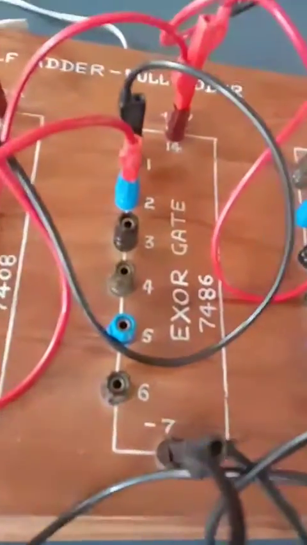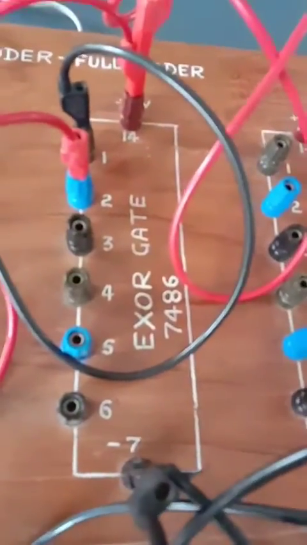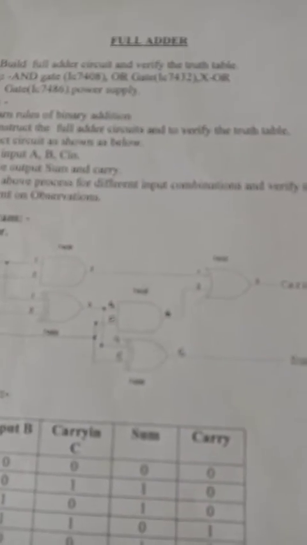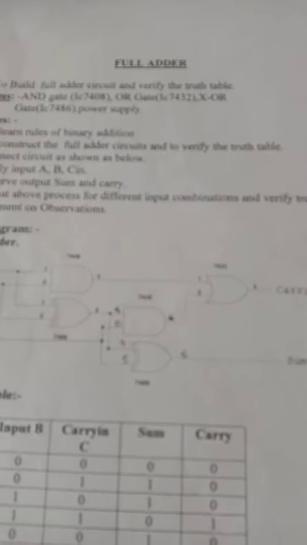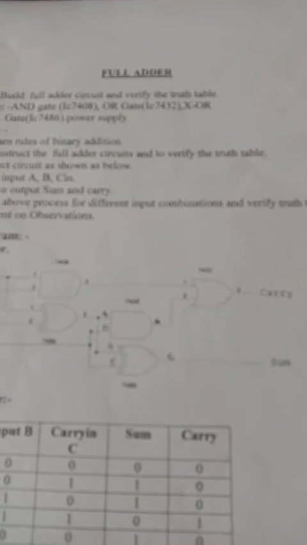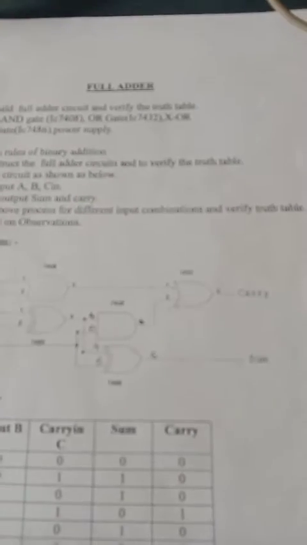Then we have to short pin number 4 and pin number 5 also. See here, pin number 4 of 7408, that is the AND gate, and pin number 4 of 7486, that is the XOR gate. So 4 and 4, and 5 and 5 are to be shorted.